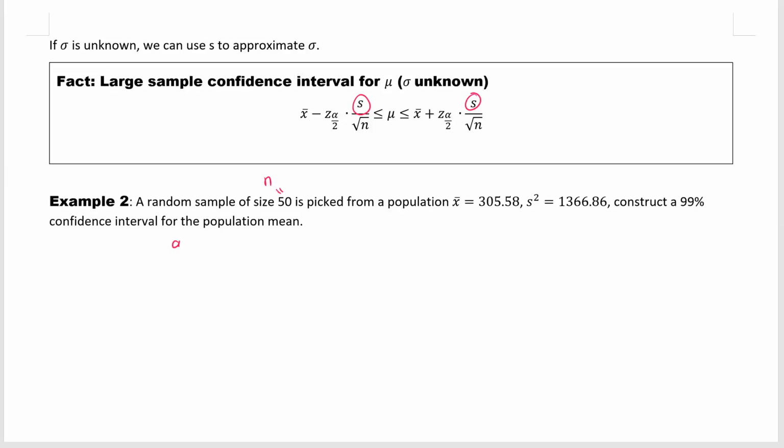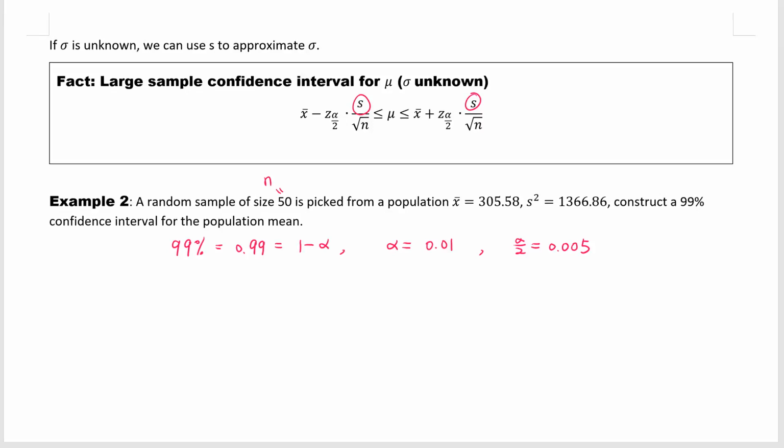Okay, so 99%. So it's 0.99. That is 1 minus alpha. What is alpha? 0.01. Then what is alpha over 2? 0.005. So far, so good, everybody?